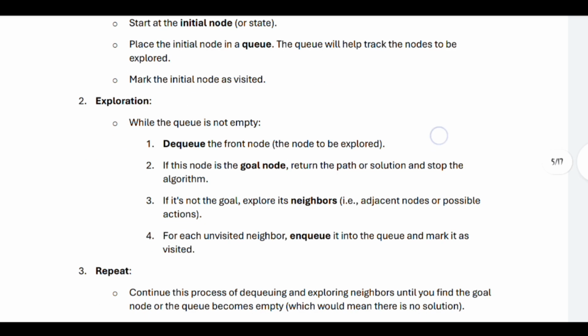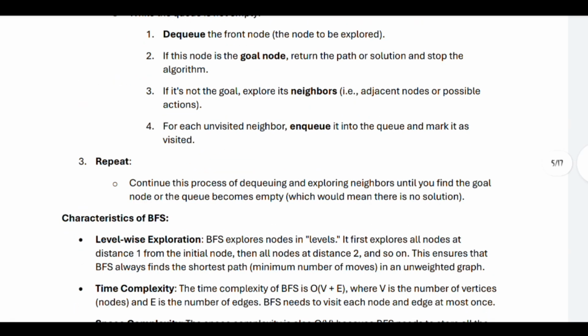And exploration: while the queue is not empty, take the front node, explore it, and check for the goal node. Exploration means expanding first in, first out, expanding the root nodes and searching for a goal node. When we get the goal node, we stop the exploration.